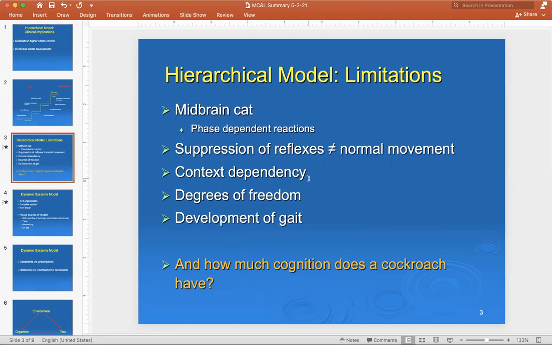In certain contexts, that motor program won't work if the arm is in a different position. So in essence, you'd have to have millions, if not billions, of motor programs stored to allow you to move in all contexts. That doesn't seem logical to me. Degrees of freedom. Okay, the brain is very, very smart, yes, but I think there are still too many degrees of freedom for a central executive control. That is my feeling. Other people believe it's fine.